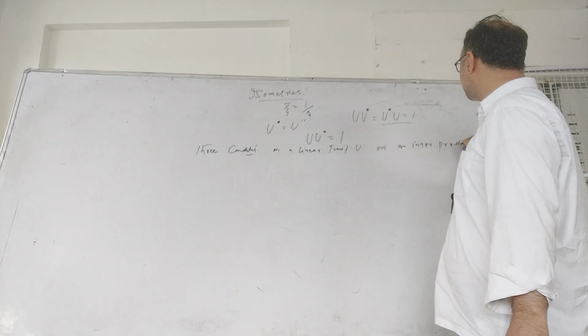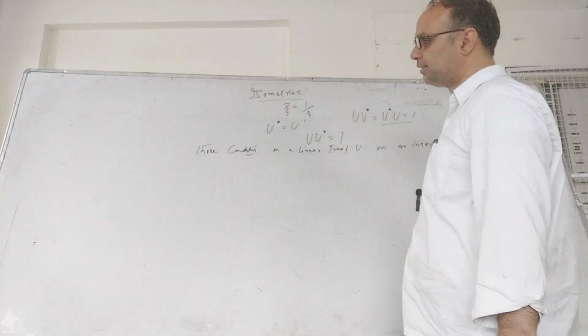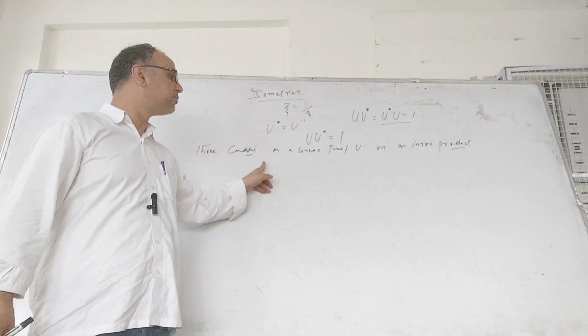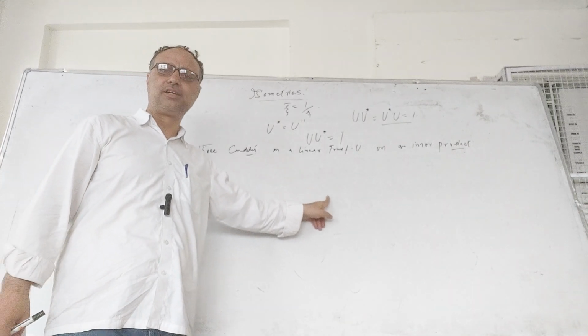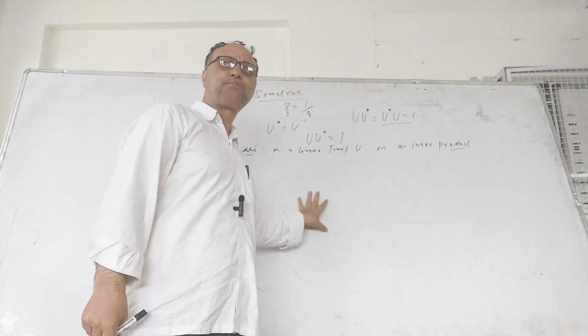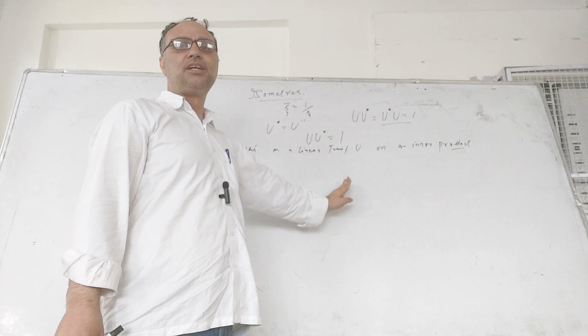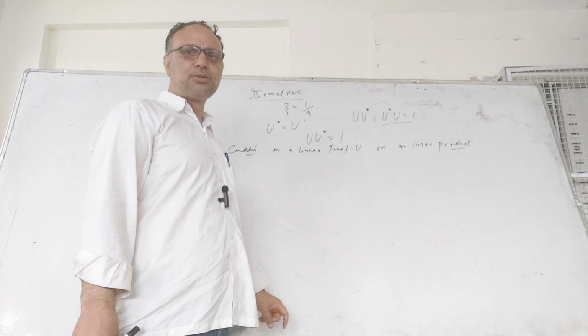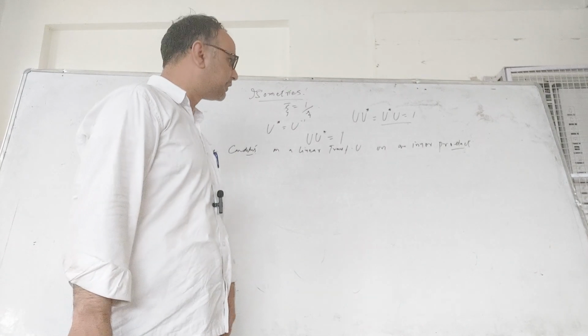So we are interested in the inner product space, in which the dual space is symmetric Hermitian, if you remember the way we have constructed it.